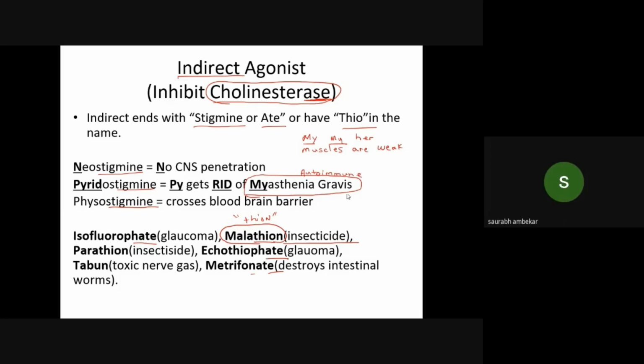That's true. So we can use an indirect agonist, so the ACh can bind to the muscle and help with the myasthenia gravis and help the muscle to contract. Good. Very nice. And that's perfect. There's just a few things I'm going to add to that.